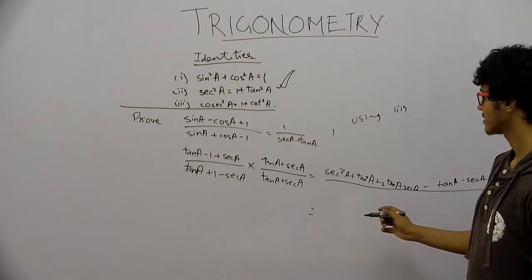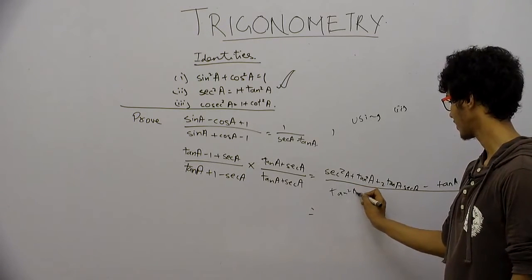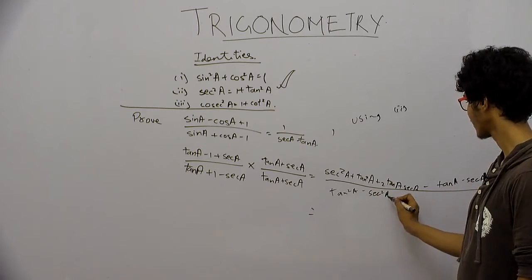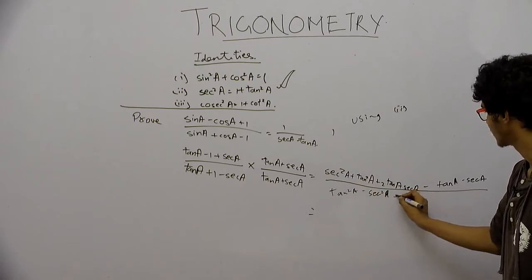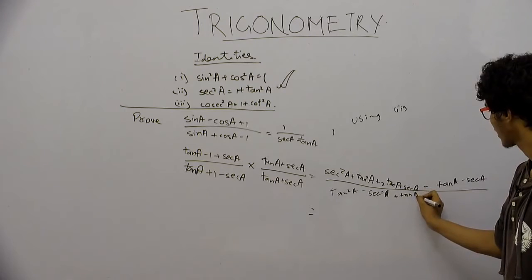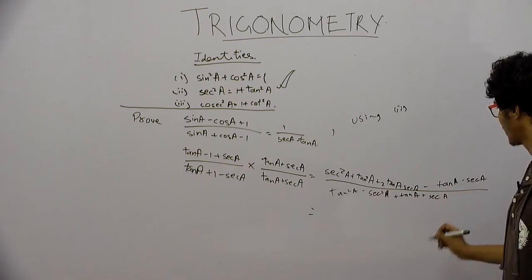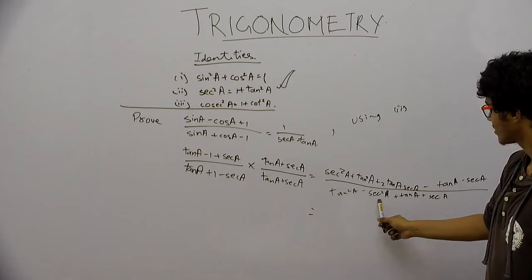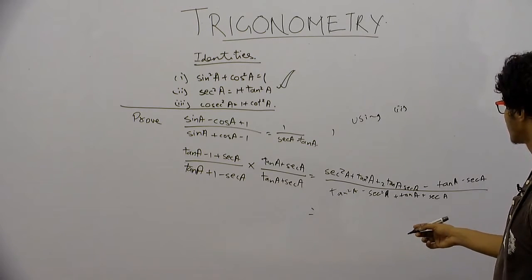This gives us tan square A minus sec square A, alright, and plus 1, this gives us plus tan A plus sec A.